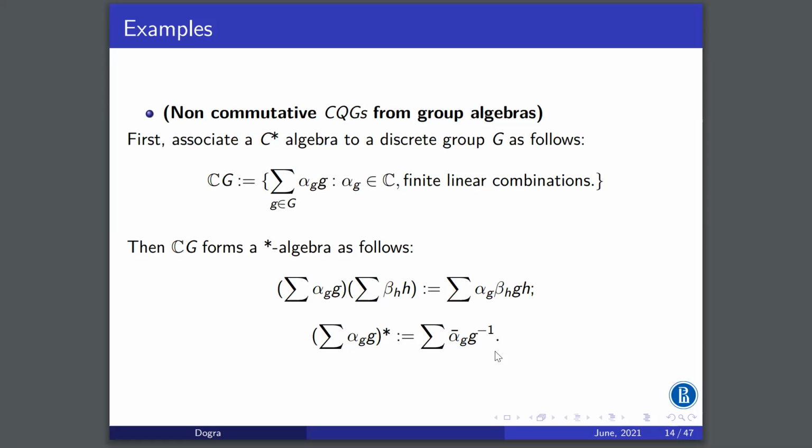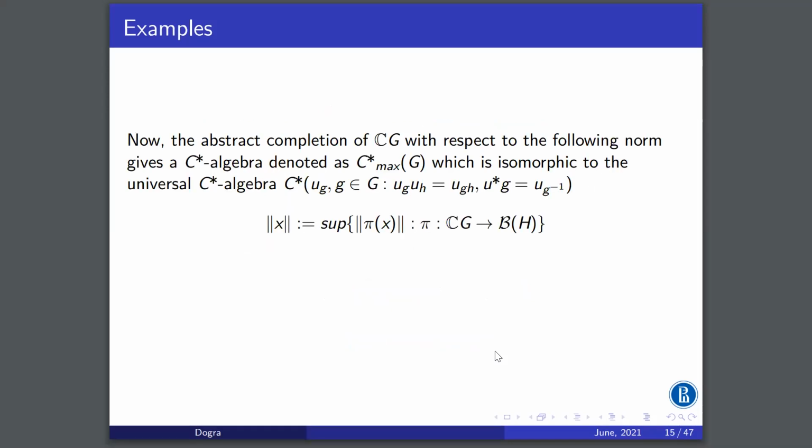Now, once we have this set, we take its completion with respect to this norm. The norm of X is given by the supremum over all representations of the group algebra of G in some Hilbert space H. Once we have this norm, we consider the completion of the set CG with respect to this norm, and we denote it as C star max.